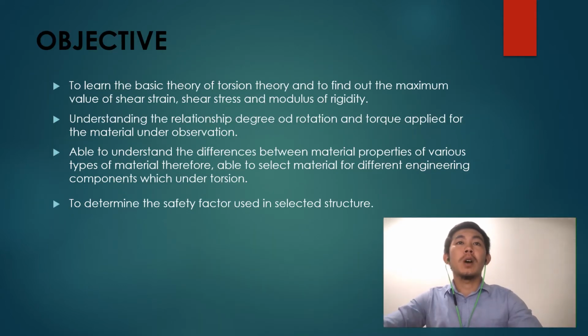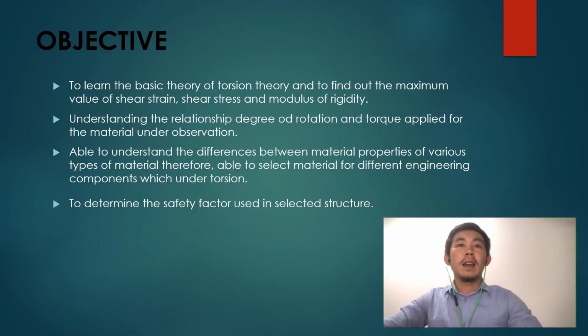Next part is the objective. This assignment's objective is to learn the basic theory of torsion and to find out the maximum value of shear strength, shear stress, and modulus of rigidity. Next is understanding the relationship between the degree of rotation and the torque applied to the material under observation.